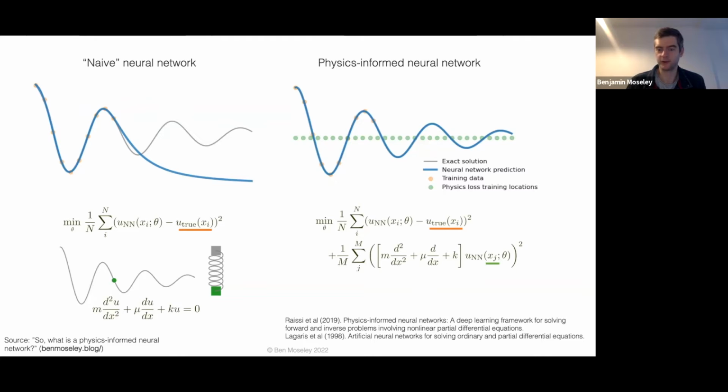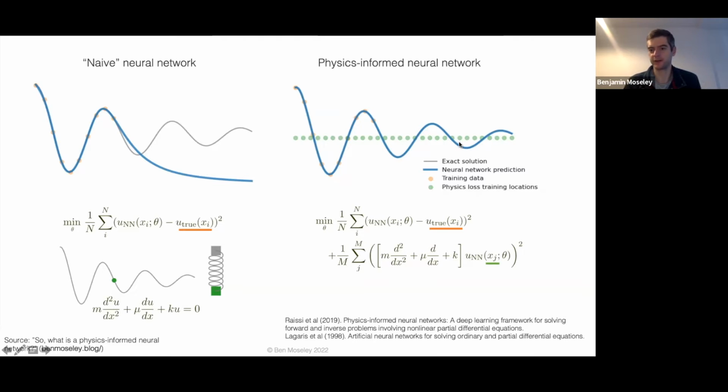And so the only other thing that we need for this second term, we note that we don't need any data, any example data, any additional data. The only thing that we do need is we need to evaluate the PINN at a few random points, or maybe regular points in the domain where we can evaluate this physics loss. And so you can see the green dots on this image here.